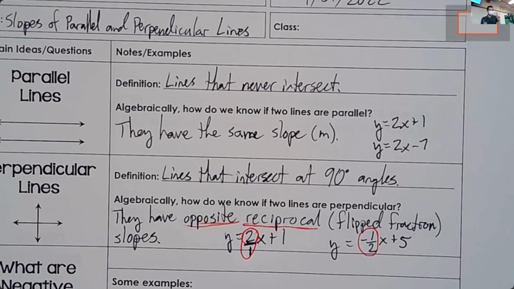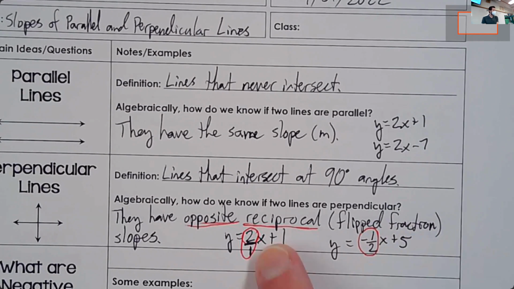That's another reason why way back, a few weeks ago, when we first started talking about slope, I recommended it's always good to write these as a fraction. This is another reason why it's good to write slopes as a fraction, even if it's a whole number, because it's a lot easier to see when you flip over a whole number. It just turns into a fraction with a numerator of 1. So we have a positive 2/1 and a negative 1/2.